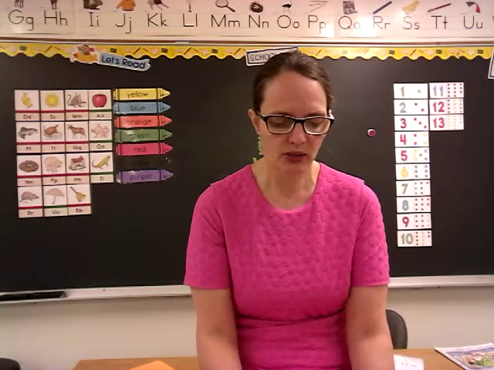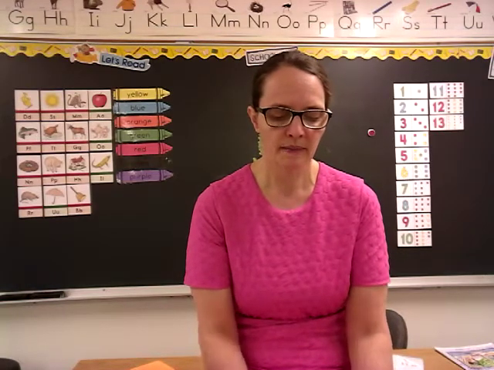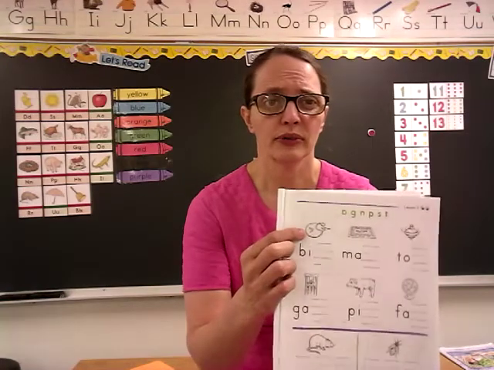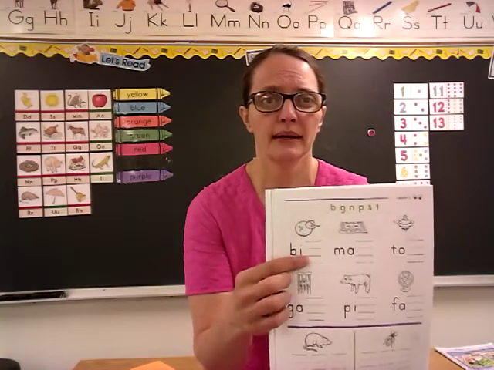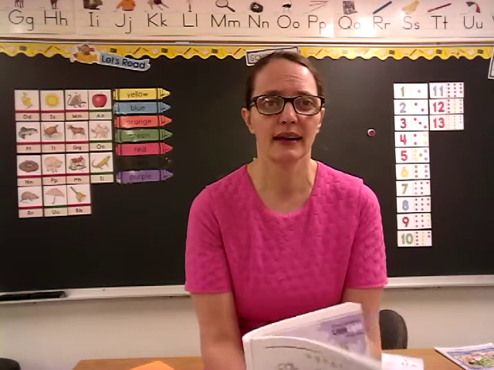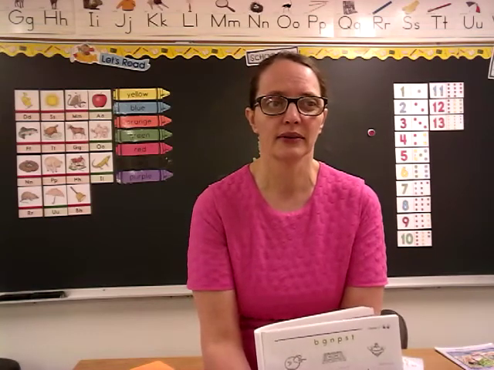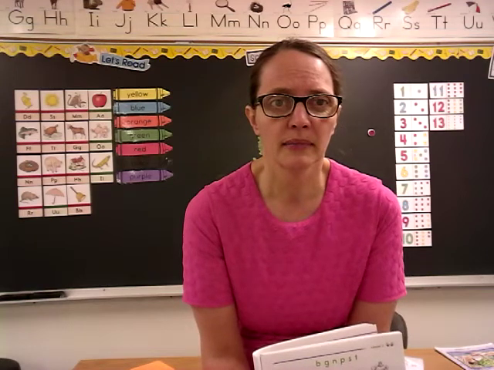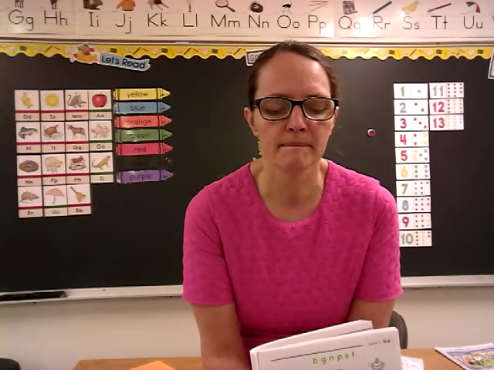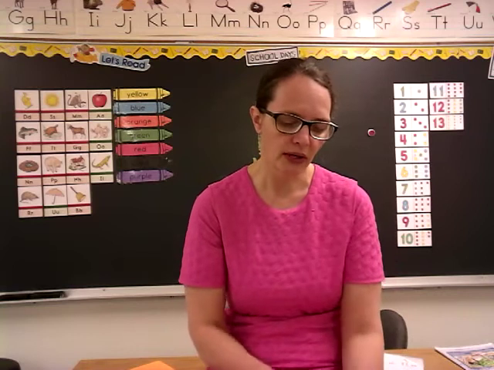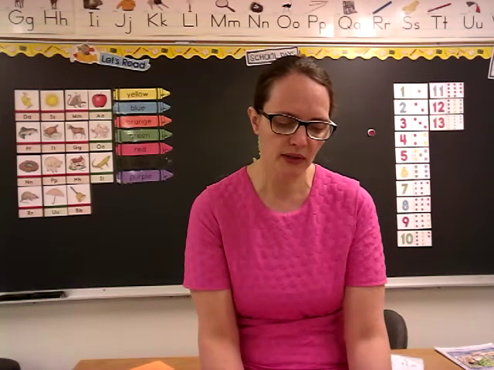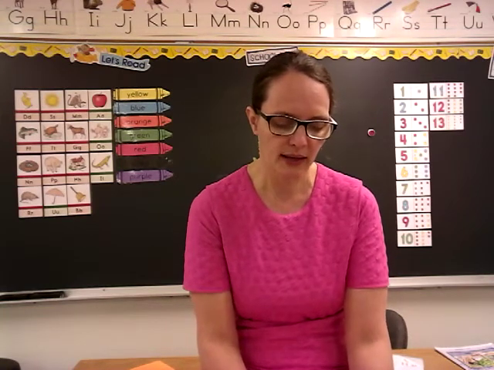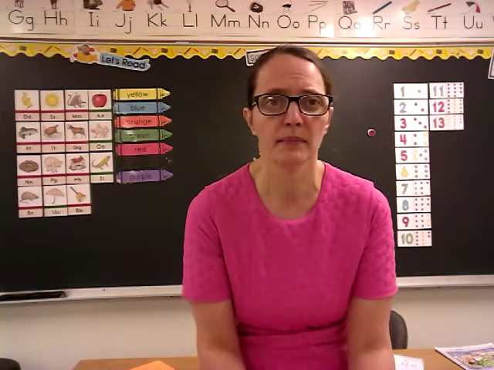And the first picture is bib. Let's listen to that ending sound together. You ready? Bib. What do you think, children? Look up at the top and see which one of those letters makes the ending sound of bib.